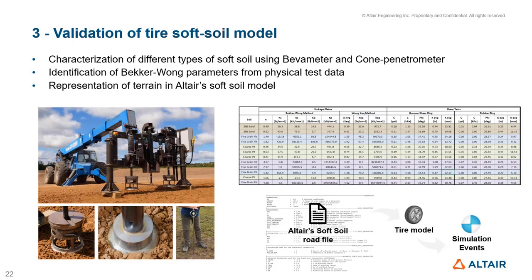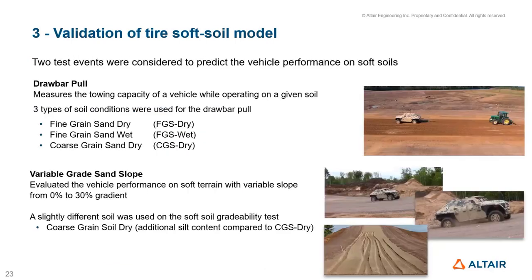So basically, the first step of this characterization was to take these coefficients that were provided by the CDT event and include them in the soft soil road model. The soft soil model was then included in the tire model and the simulation was performed. And to verify the model, two tests were performed. The first was the drawbar pull that measured the towing capacity of the vehicle.